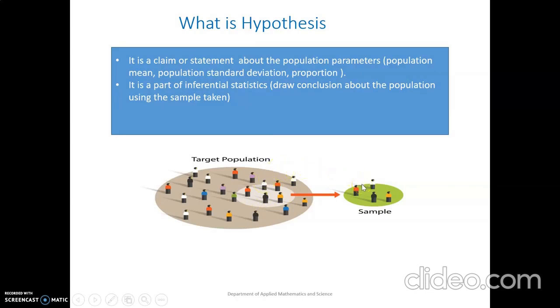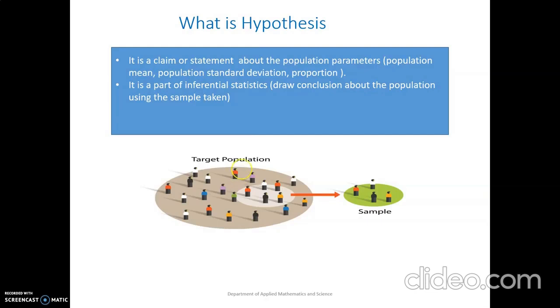such that this sample represents the population. Suppose for example you want to know the average or the mean age of National University students. You cannot get the data for all students. You cannot reach all students. So your target population is all the National University students who are registered in the college in a specific year.